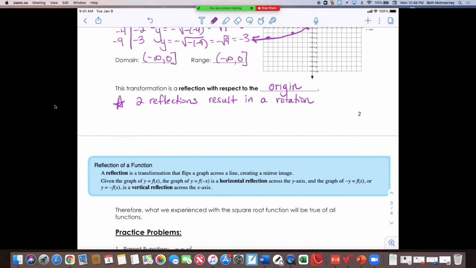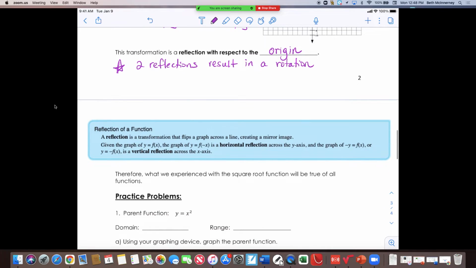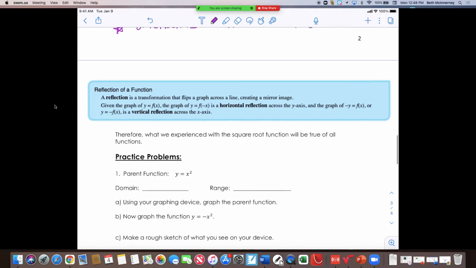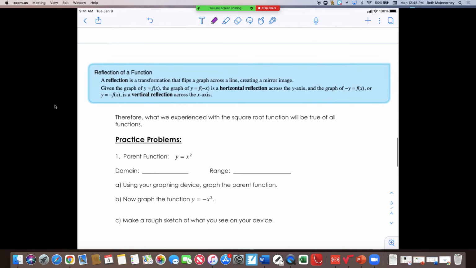If you replace y with -y equals f of x, or you have negative f of x, that's a vertical reflection across the x-axis. Therefore, what we experience with the square root function will be true of all of our functions. So this is really, really cool. Whatever of these parent functions we're looking at, it's going to apply to every other one that we ever did.